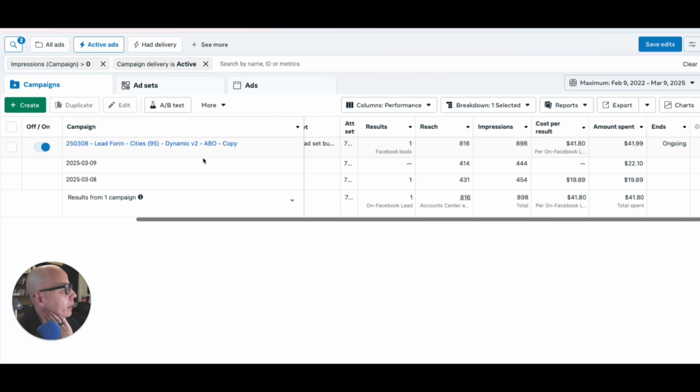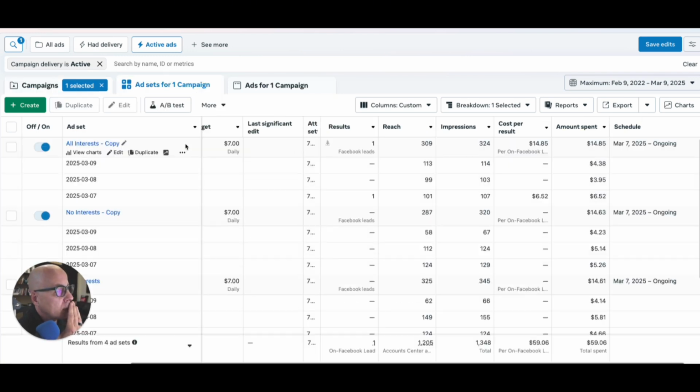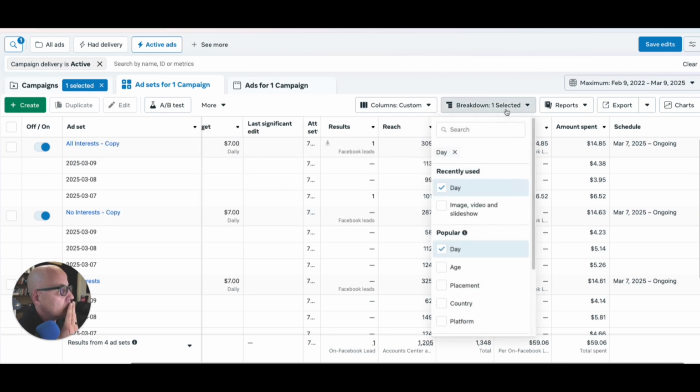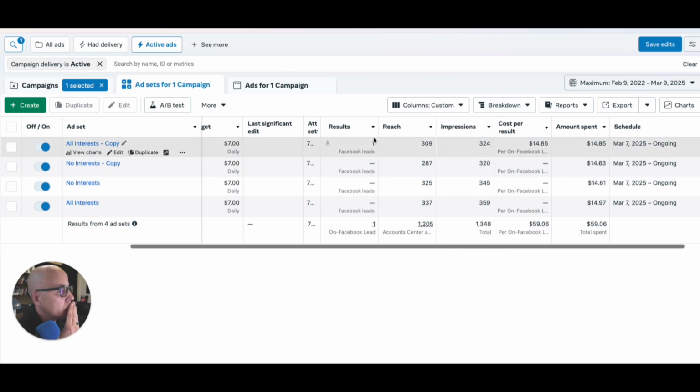This is a new campaign. This one here is not doing well. All right, so we got 2 of them that are not doing well, relative to everybody else. We haven't spent a ton of money, but here, if I look at this here, you have only really 2 of these that have produced leads. 1 of these that have produced leads.